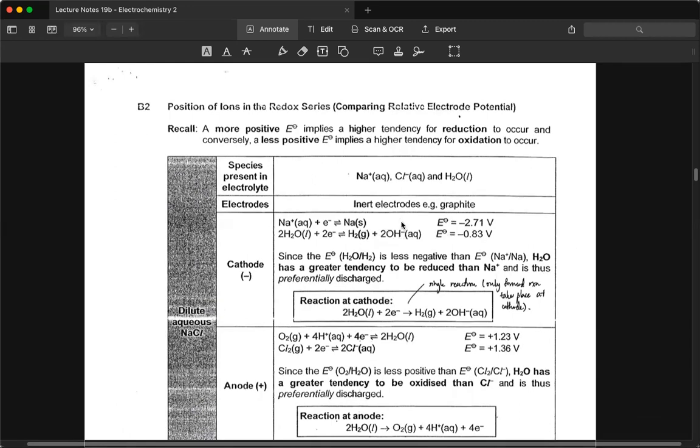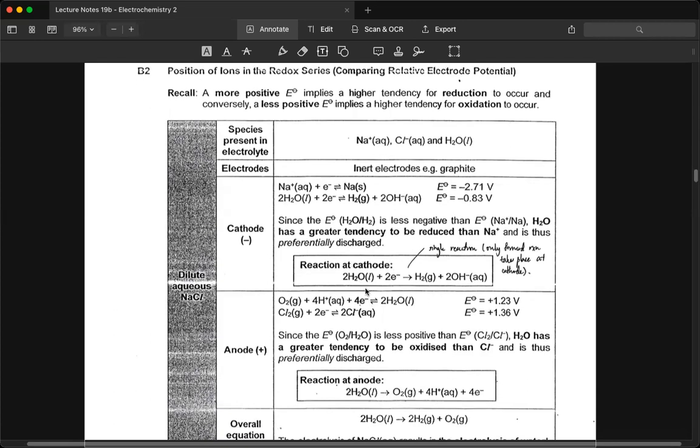If you look at these two half equations, we notice that the E0 for water is less negative. So comparing to sodium ion, water has a greater tendency to be reduced than sodium ion and is preferentially discharged.